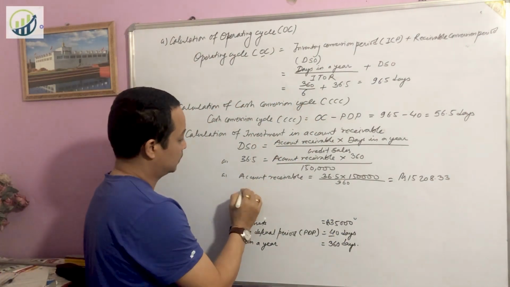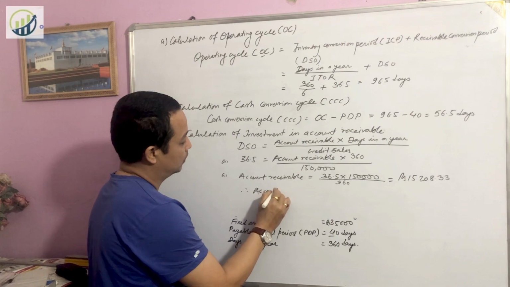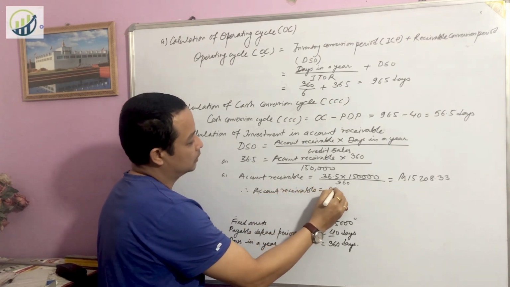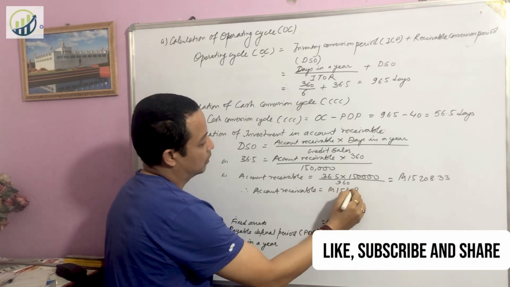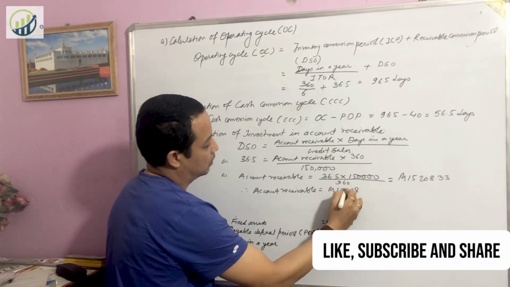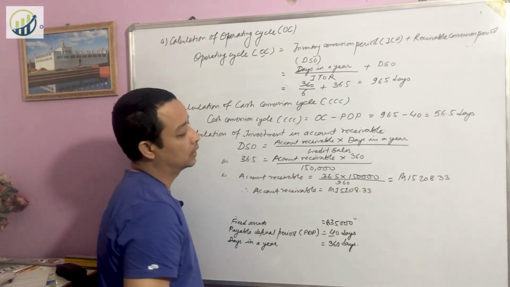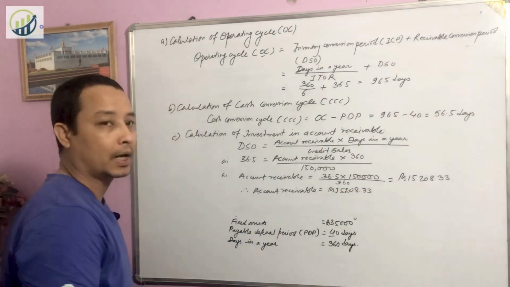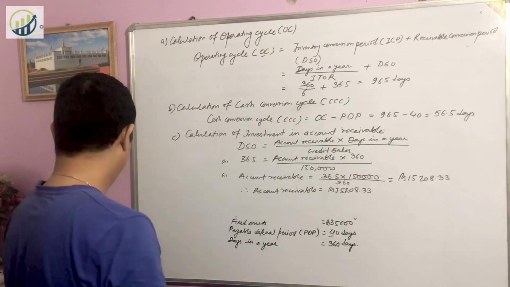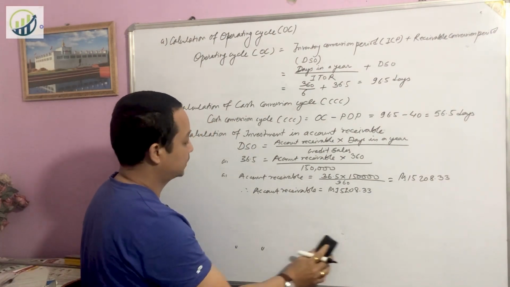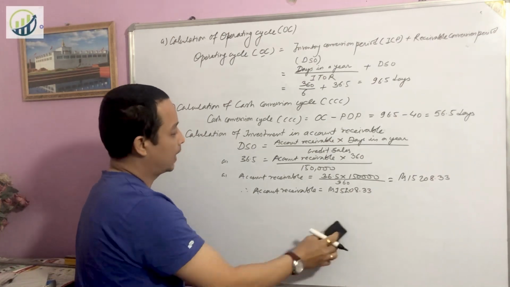Account receivable equals rupees 15,208.33 is the account receivable of this Himal company, which has a days sales outstanding of 36.5 days.